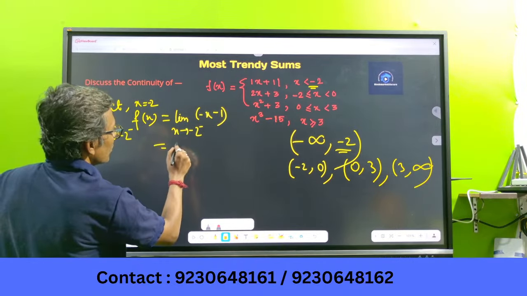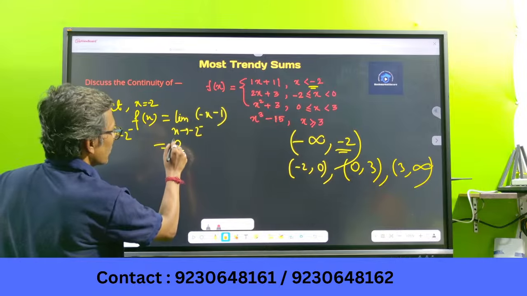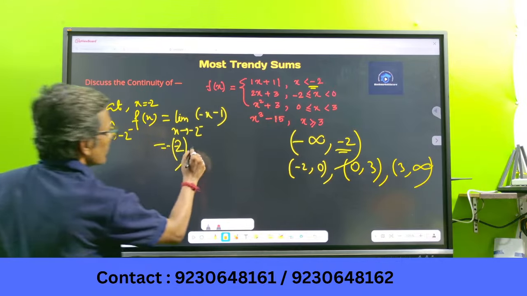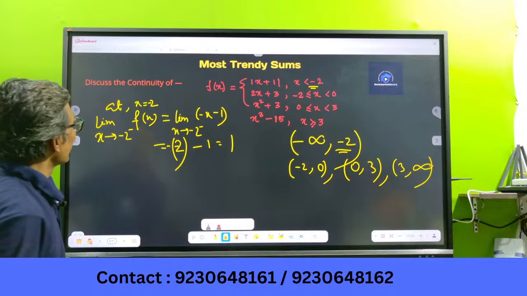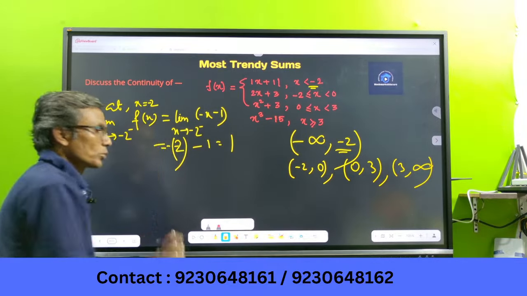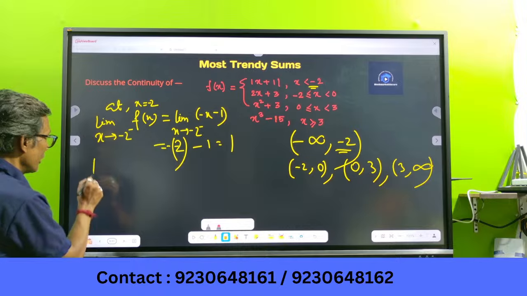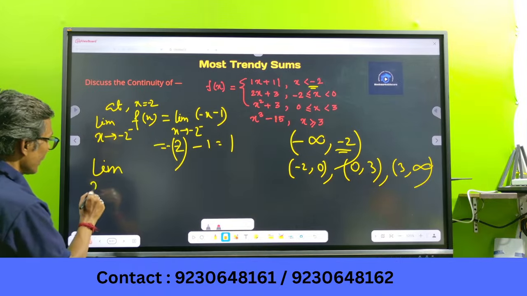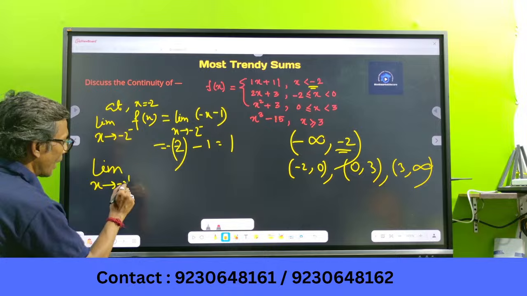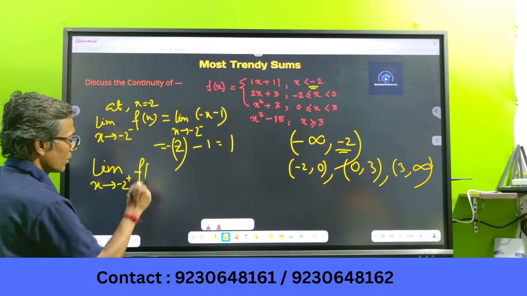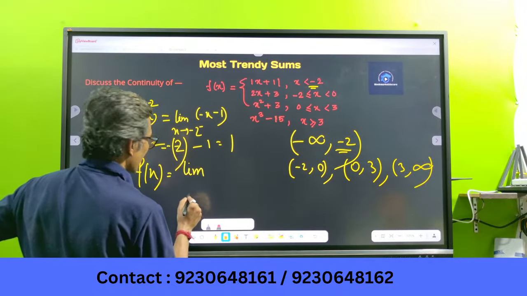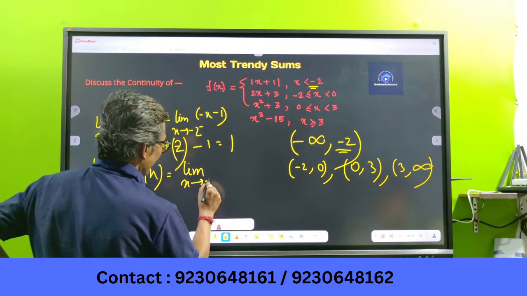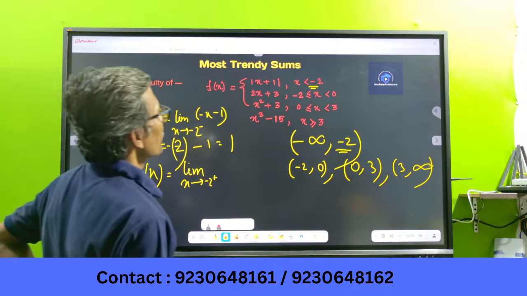So -(-2) -1, so 1. Right hand side limit at the point -2 of the given function. So limit x tends to -2 plus. Which function will be taken?